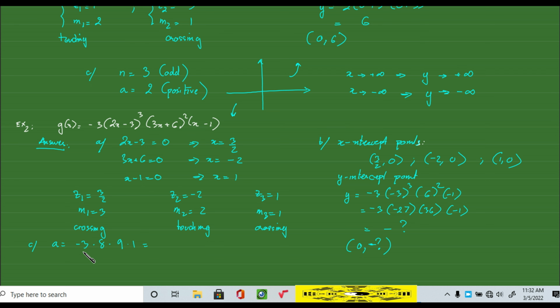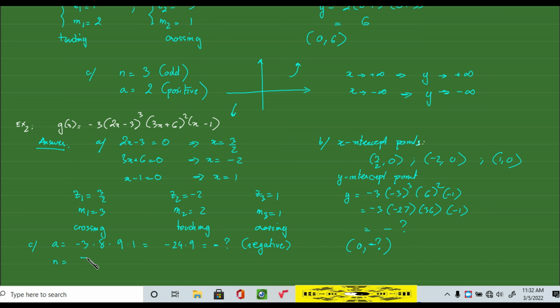So the leading coefficient is not -3 anymore, but -3 times each of the leading coefficients inside the parentheses, which will be -3 times 8 times 9, -24 times 9. Again, it's still a negative number. It will be something, but I know this is negative, because we just need to know whether it's positive or negative. And the n value: this factor is to the third power, this to the second power, and this to the first power.